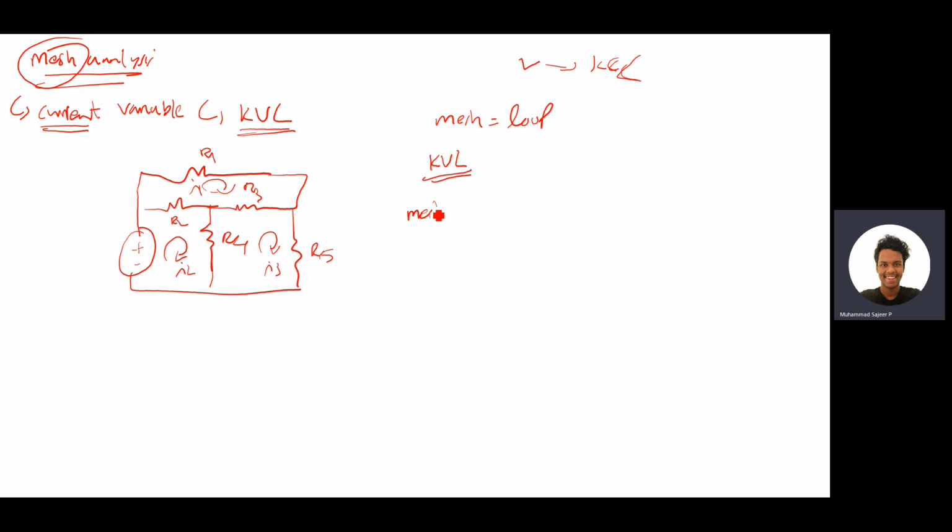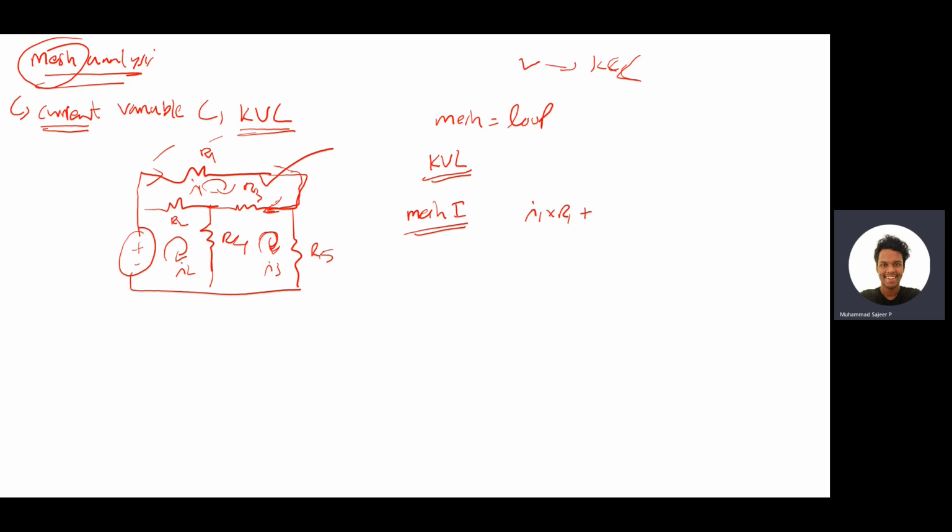For example, if you take mesh 1, which is this one, we have to apply the voltage. Here the current I1 is going in this direction, so I1 into R1, plus, when it comes this way, you can see that I3 is coming in the opposite direction, as you can see in the indicator.